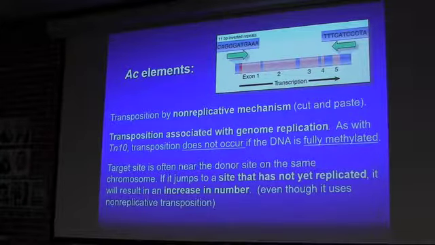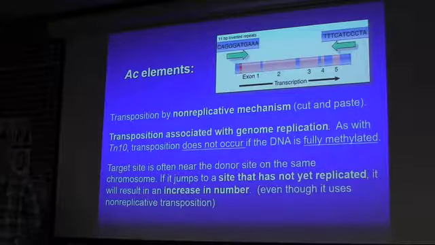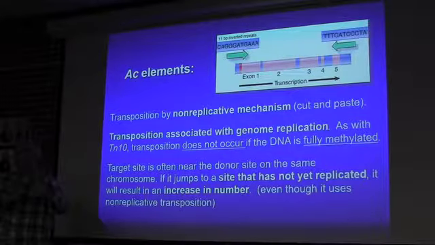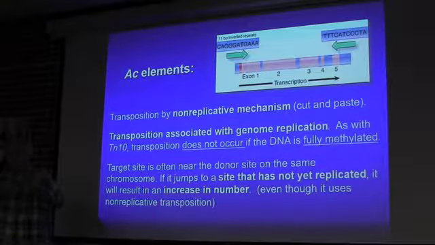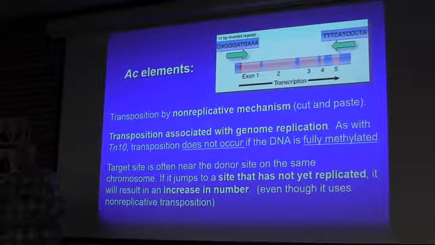The target site is often near the donor site on the same chromosome. These things don't jump very far. If it jumps to a site that is not yet replicated, you think about it, if it only makes one copy, if it doesn't make a copy of itself and just jumps, how does it ever increase its number? It doesn't, it's non-replicative.